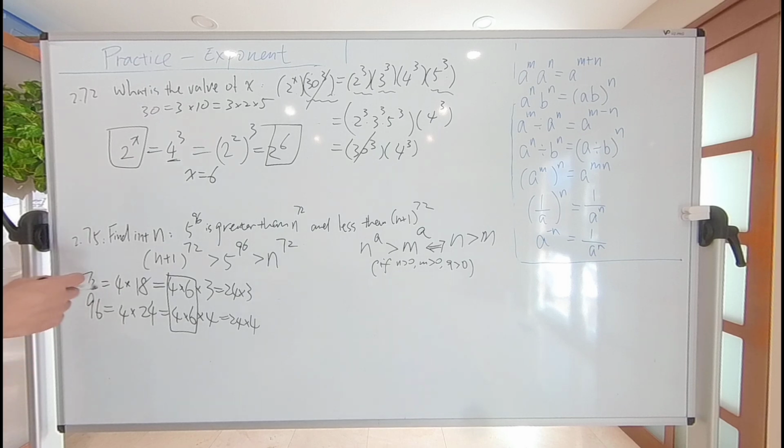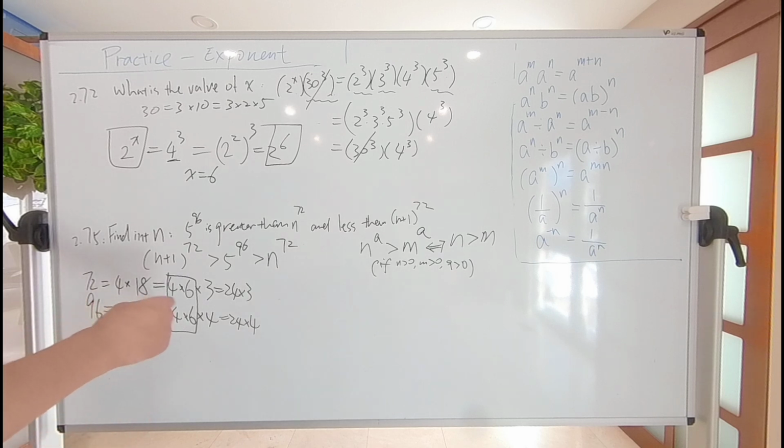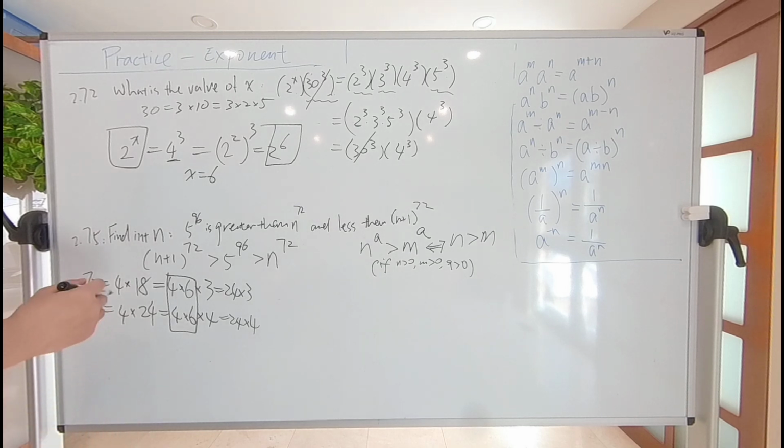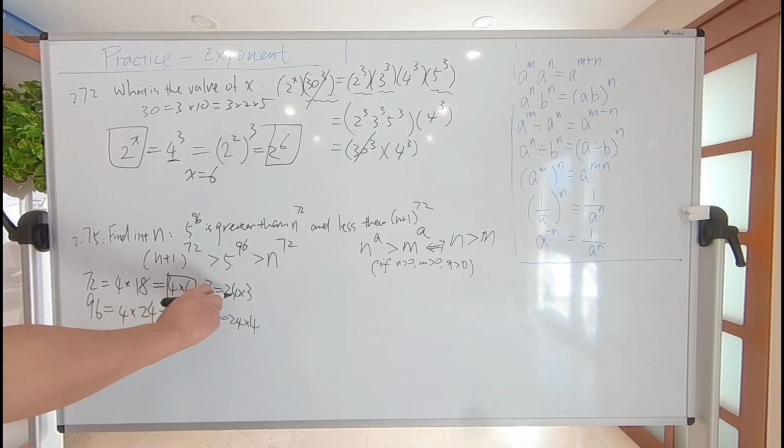But here is just a short example of how you can find it by listing all the possible factors and then looking for the common component of the factors. So simply speaking, 24 is a common factor. So 72 and 96 can both be written as 24 times something.